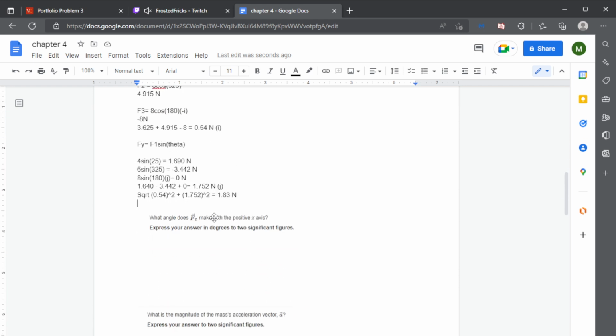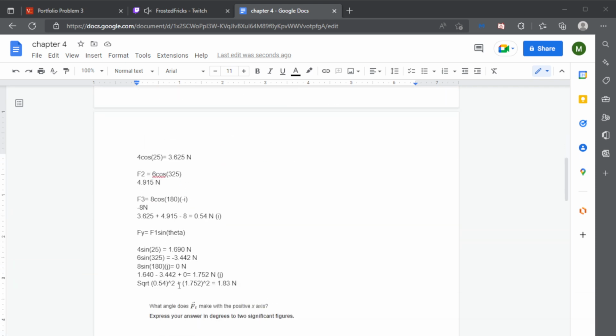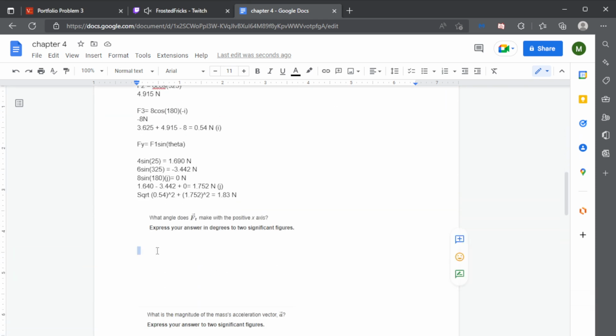What angle does the resultant force make with the positive x-axis? The keyword is angle, and to find the angle, we use inverse tangent. But we're going counterclockwise, so keep that in mind. So inverse tangent of Fy over Fx, force y over force x, my bad.